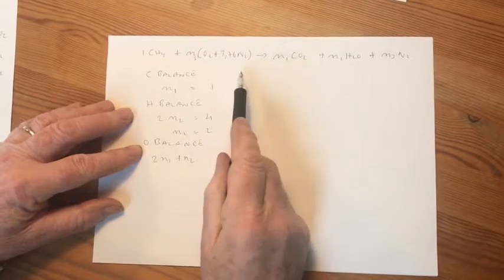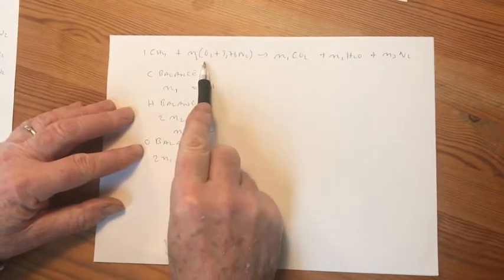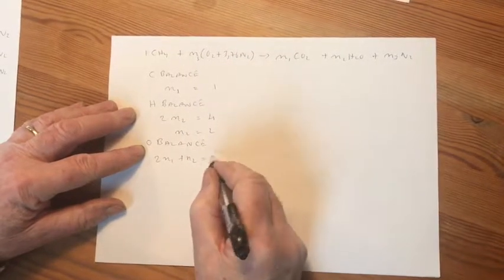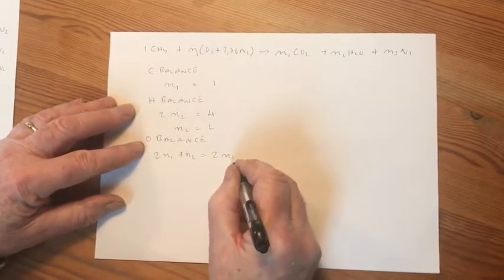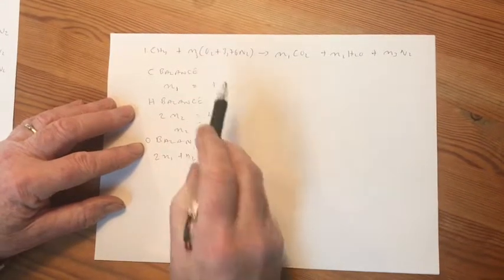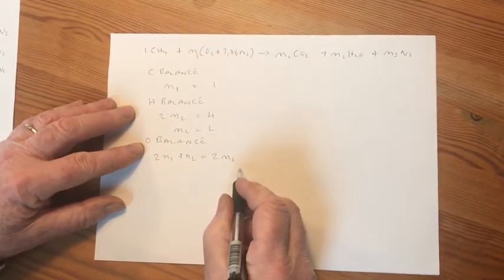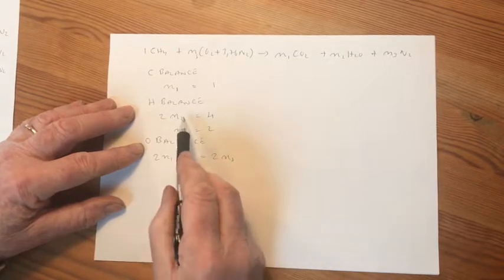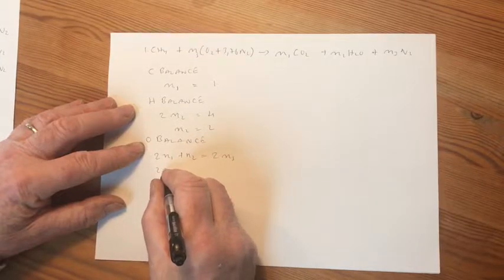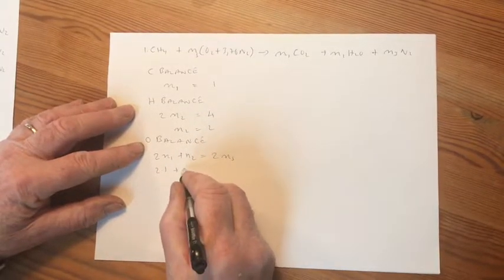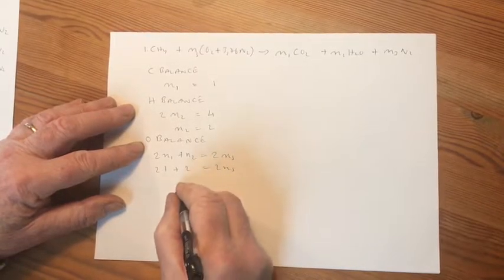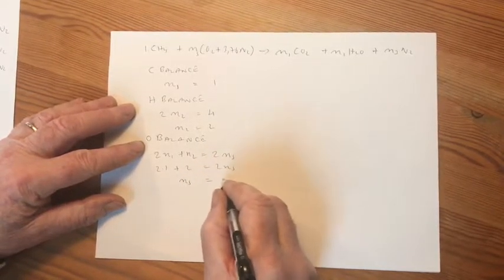And then we look on the left hand side, and we have 2 times Ns, 2 oxygens multiplied by Ns, our coefficient which is there. So we already know the value of N1 and N2, so that becomes 2 times 1 plus 2 is equal to 2 times Ns. And we can easily see that Ns is equal to 2.